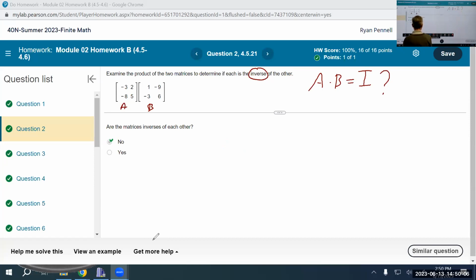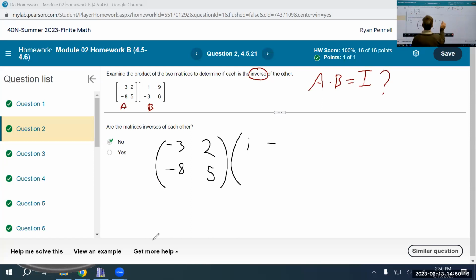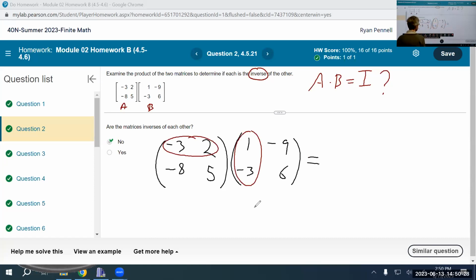Is that true? Is that what happens? Let's see. -3, 2, -8, 5, 1, -9, -3, 6. I'm going to try and multiply these and see what happens. Row by column.